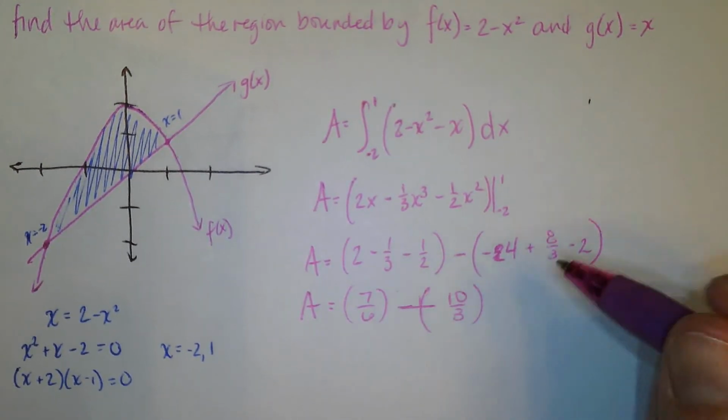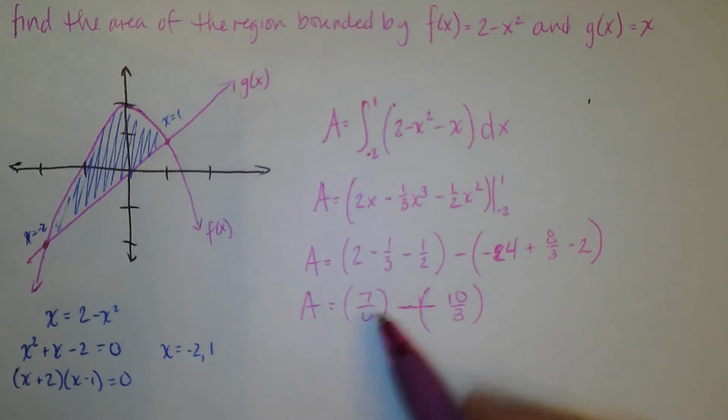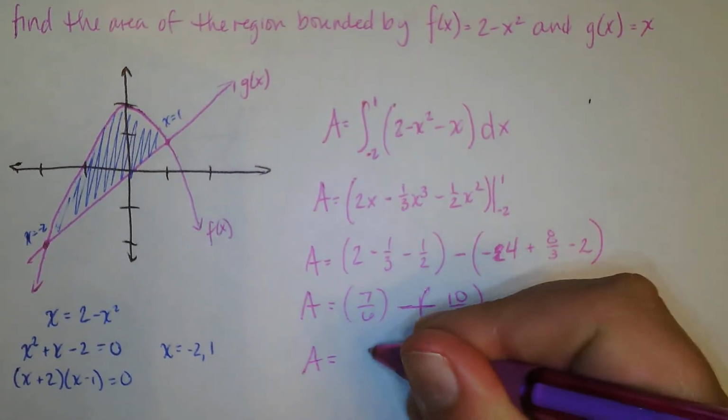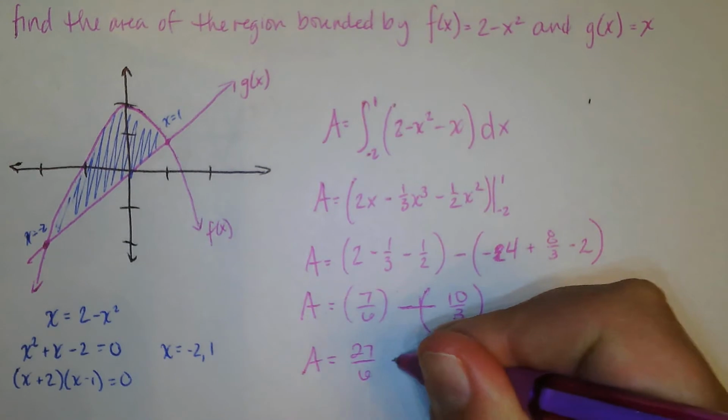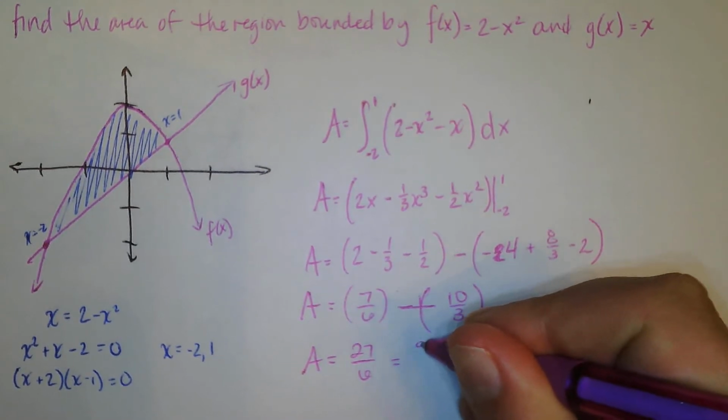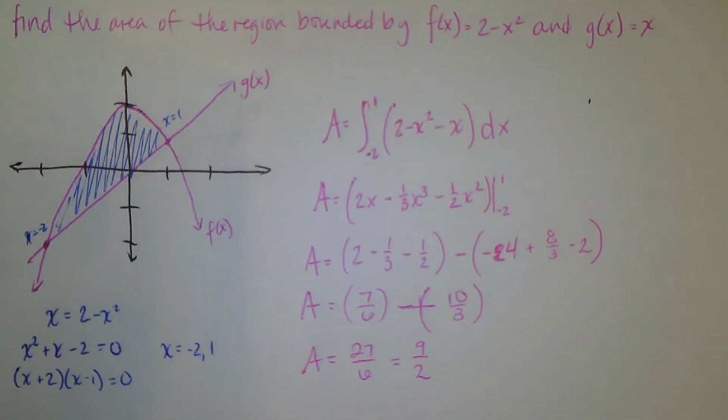Anyhow, that becomes a plus. 10/3 is the same as 20 over 6 plus 7/6. Your area is 27 over 6, or 9/2. Okay.